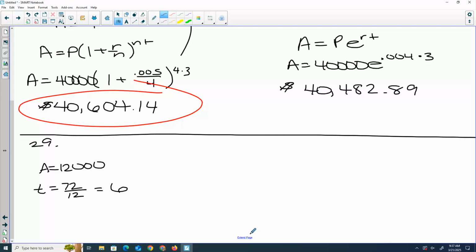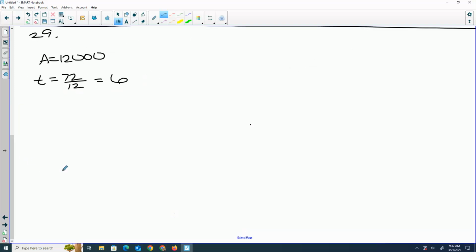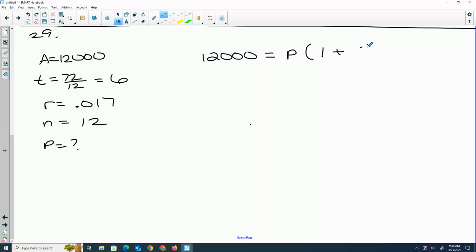What amount invested today at 1.7%, so move your decimal back to 0.017, compounded monthly, so number of times a year would be 12, will give us that. So this time I'm looking for the P. I need to know what I have to have today. Easiest way is just to put it all in the calculator at once so we don't have rounding error.